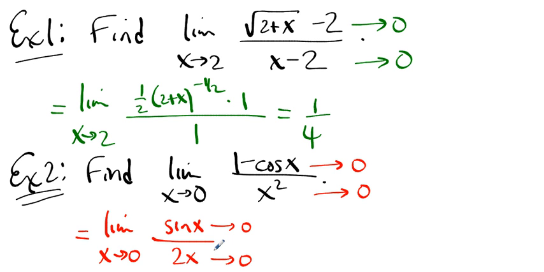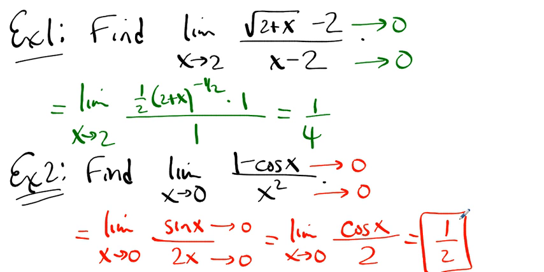But wait a minute, this is a 0 over 0 limit, so L'Hopital's rule says I can use it on this limit too. So I'll use L'Hopital's rule again, take the derivative of the numerator and the derivative of the denominator, and try again. So as x approaches 0, that's 1/2.